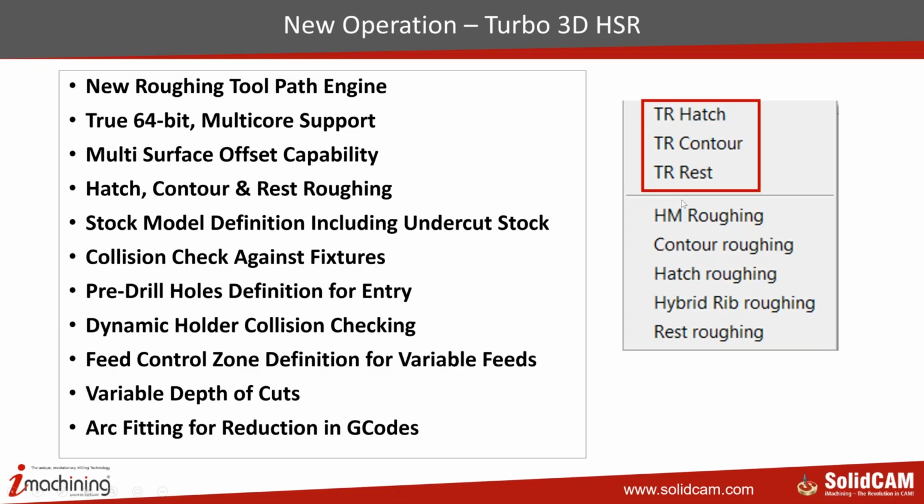Another major enhancement is that we have introduced a new roughing engine: Turbo 3D HSR and Turbo 3D HSM. This is a new roughing toolpath engine built on 64-bit. It supports multiple cores. With the new Turbo 3D HSR, you have the ability to define multiple surface offsets.